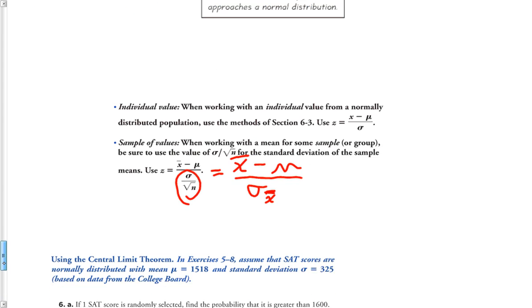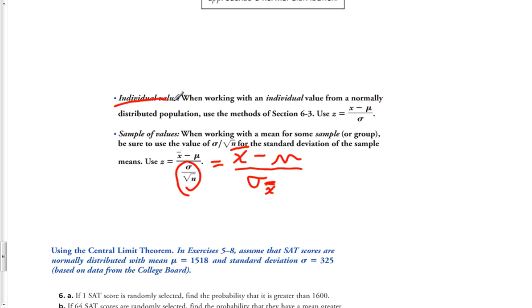Well, in that case, we're dealing with an individual value, right? And this says if you're dealing with an individual value that comes from a normally distributed population, you want to use the methods of section 6.3, which means we're using this formula.